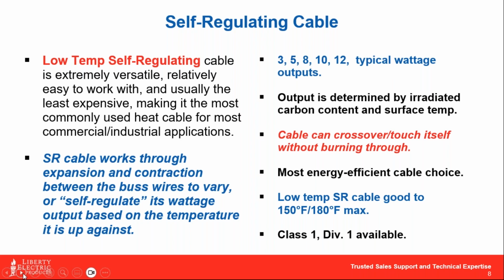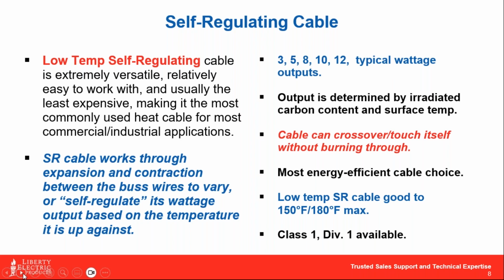It's an industry standard that when we tell you it's a 3, 5, 10, 12 watt a foot cable, that's what it puts out at 50 degrees F. And the colder that surface temperature gets that it's up against, the more heat output the cable is going to deliver. Conversely, the warmer the cable gets, the less heat it's going to want to put out, okay? But we're going to talk a little bit about some of those limitations here in just a second as well.